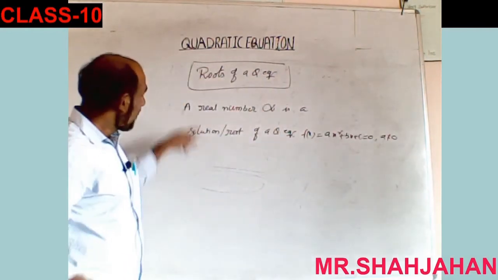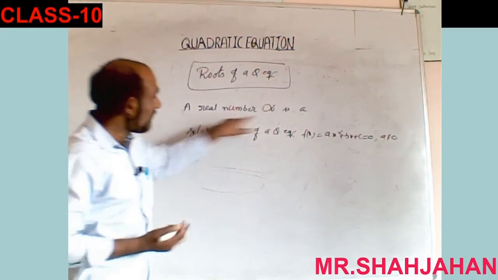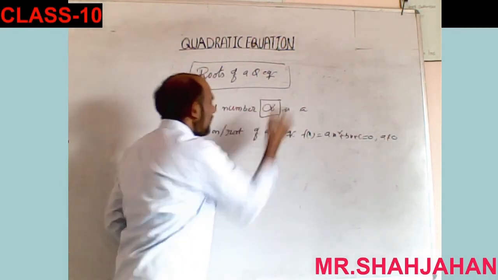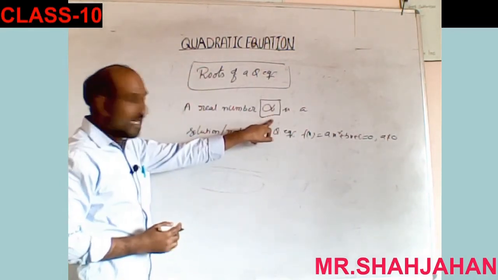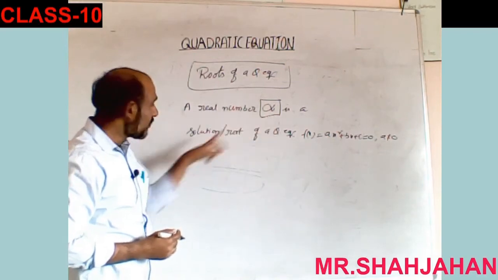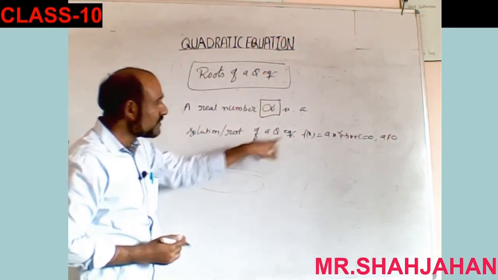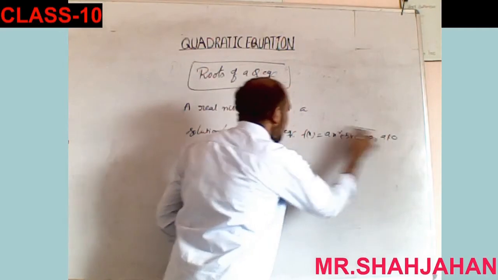What I said, one real number is there, that is alpha. I am saying this real number alpha is called a root or solution of this quadratic equation.